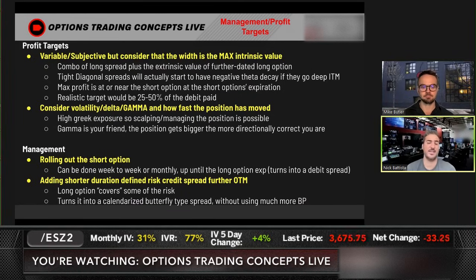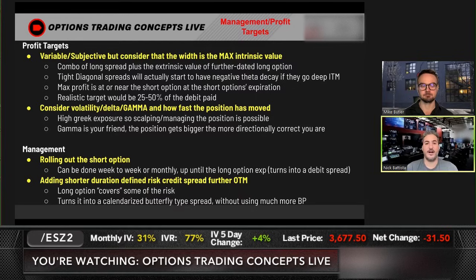I'd say realistically, your target for the profit potential on a diagonal spread is somewhere between 25 and 50% of the debit paid on the position. So if you're paying $10 and the width is a $10 difference between the long and the short, if that spread went to $12 or $13, that would be a home run type trade. And from a return on capital standpoint, it's a huge return on capital as well.